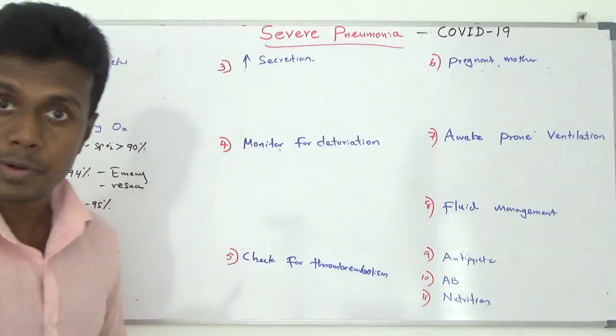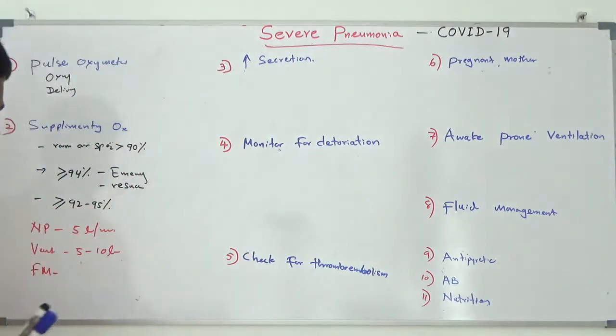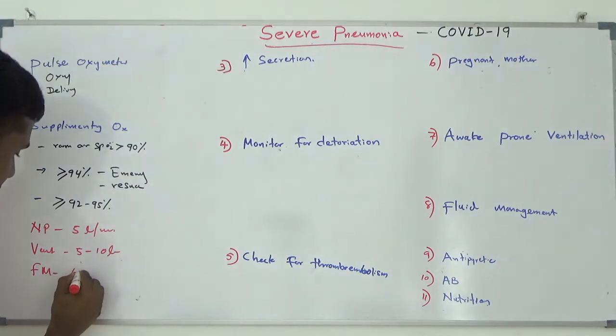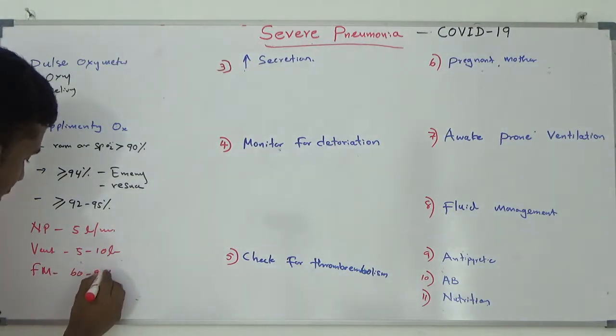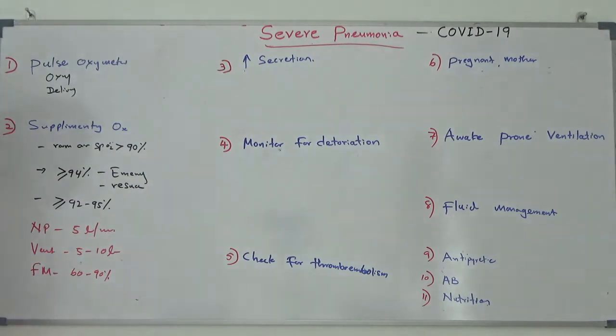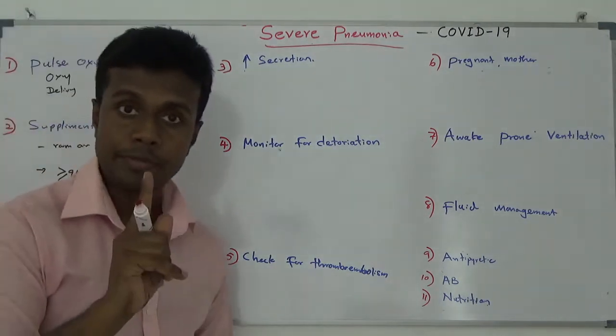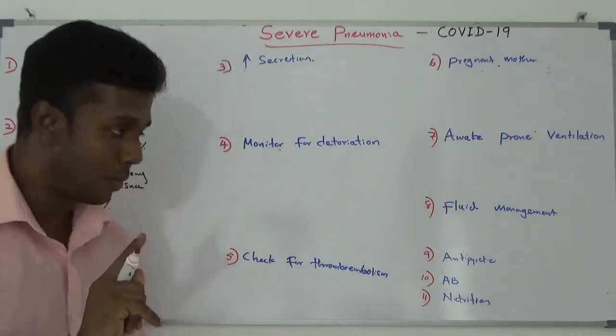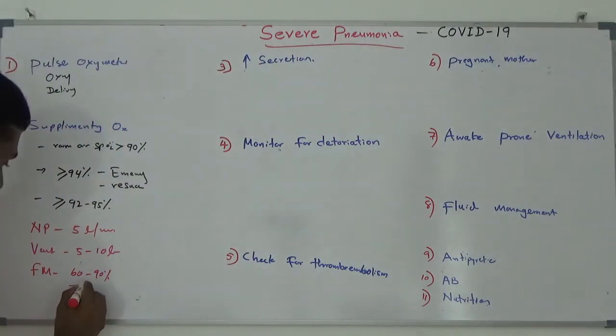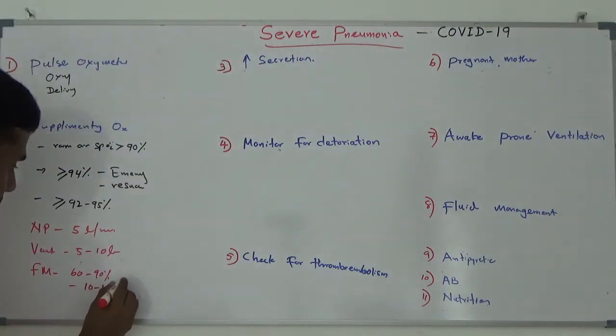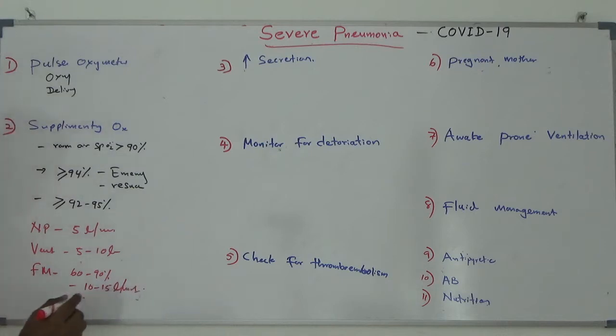You can give roughly 60 to 90% fraction of oxygen using a face mask with non-rebreathing bag. For that, you should give 10 to 15 liters per minute of oxygen.